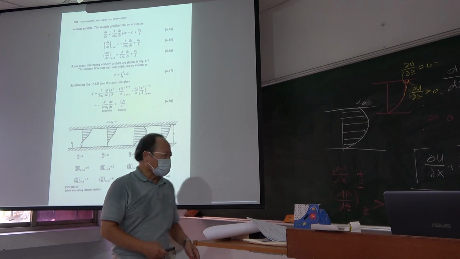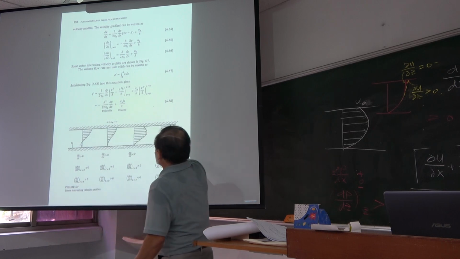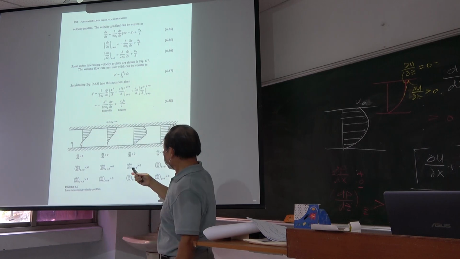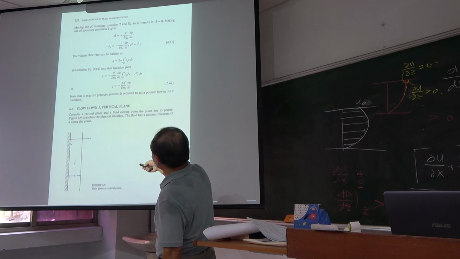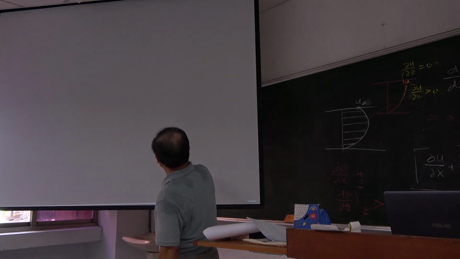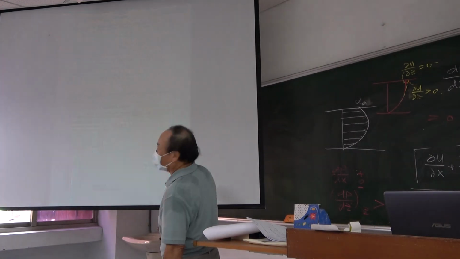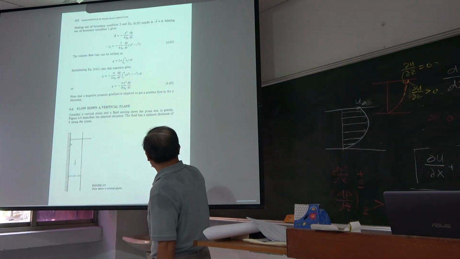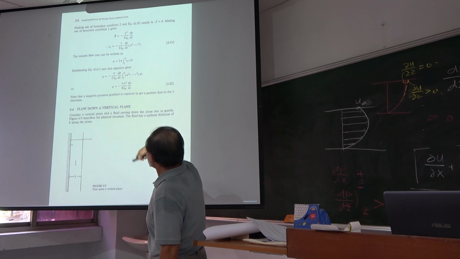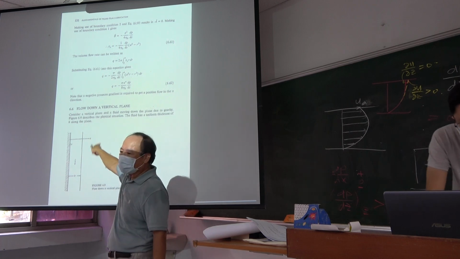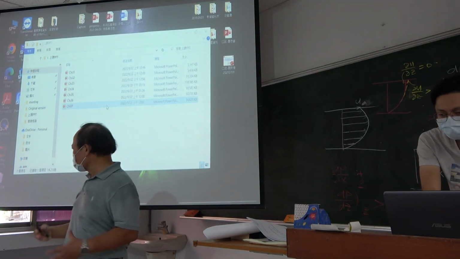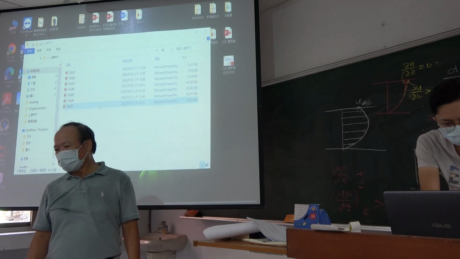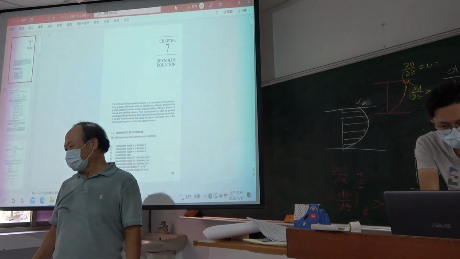Okay, the rest subsections, 下面的几节，它有谈到一些其他的流程。In the subsections, you read them by yourself, okay? I just gave you examples that use the equation of motion to solve our velocity distribution in different flow fields.